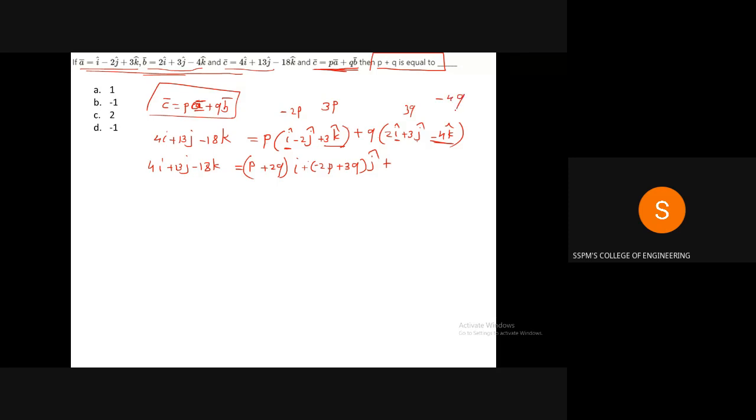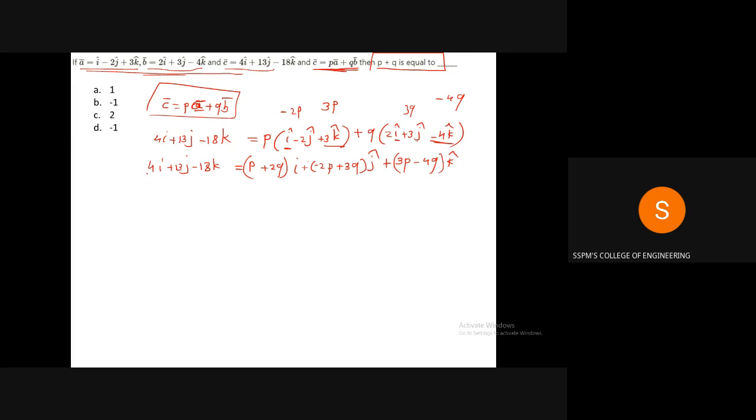So minus 2p plus 3q j cap, plus for k coefficient we have p into 3k, that is 3p, and q minus 4, that is minus 4q. So we have 3p minus 4q k cap. Okay. So now we have to compare these two equations.